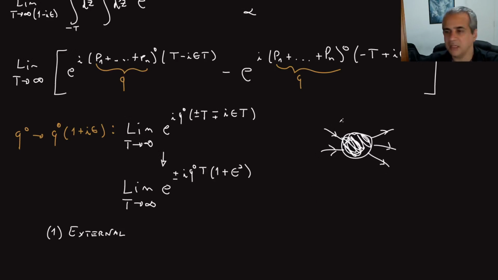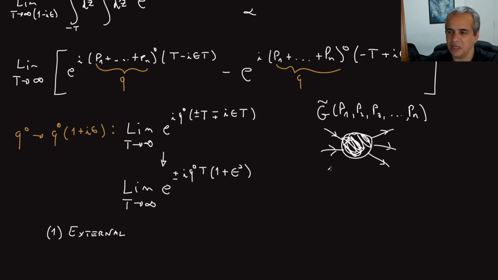This is the simpler case, because for external momenta I have no conditions. I know that I'm calculating some Green function in momentum space, which is a function of all these momenta, and doing the analytic extension of these momenta to a small imaginary part is not a problem, especially for the S-matrix elements.